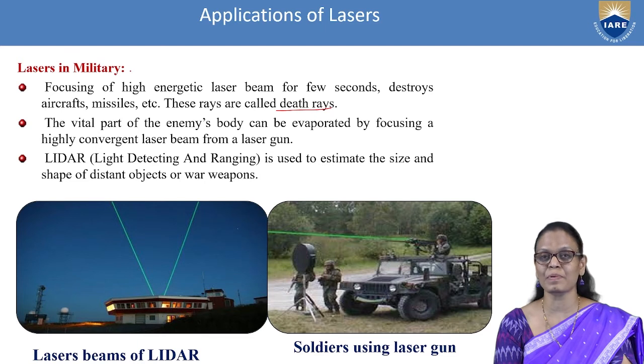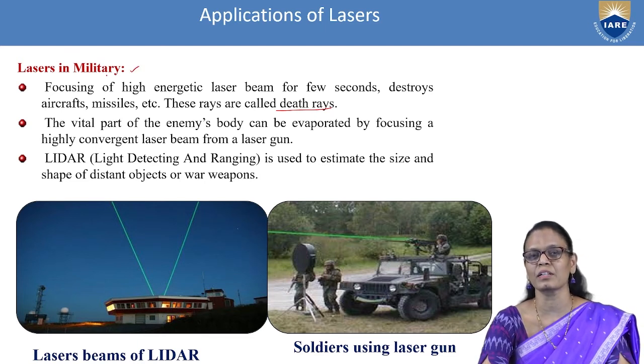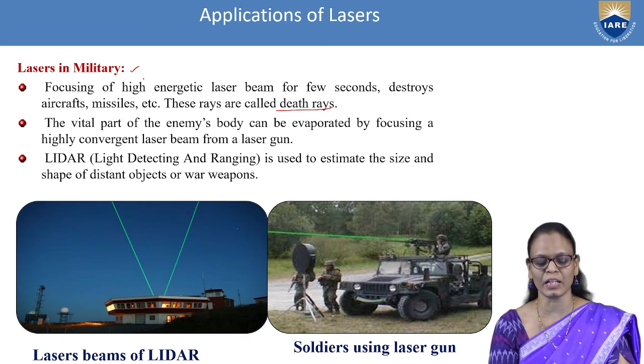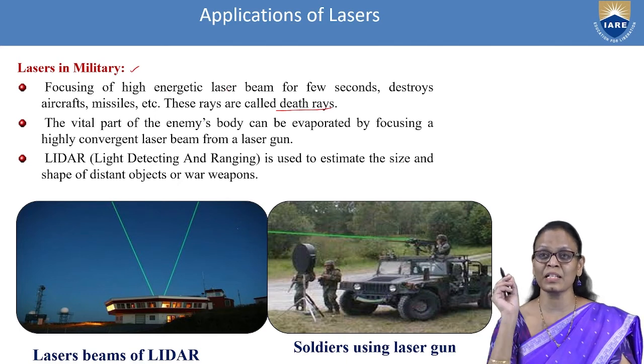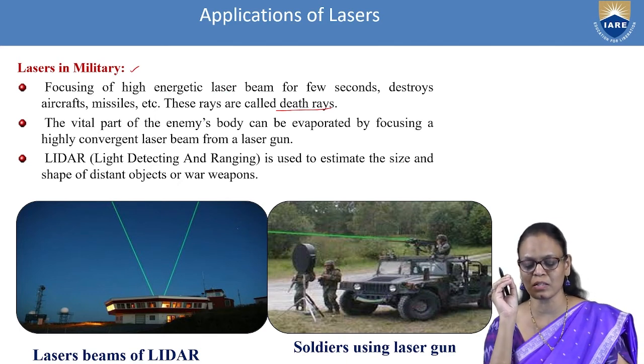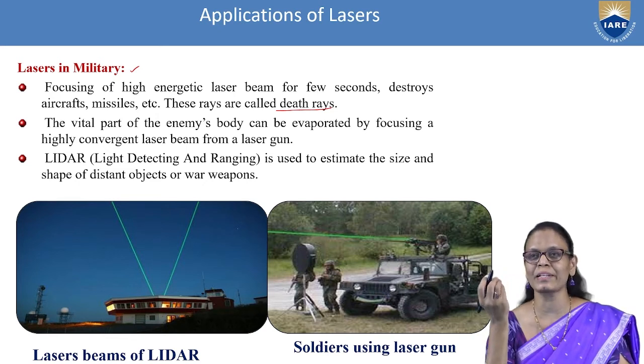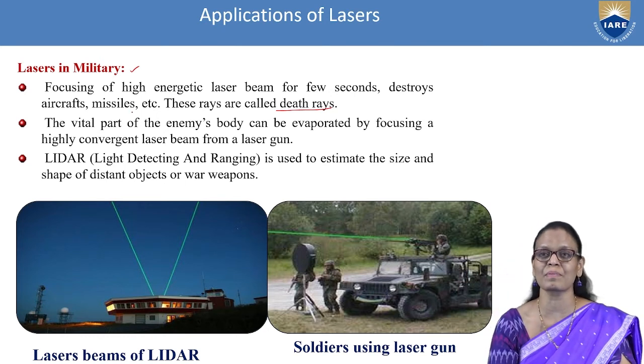In military purposes, wherever a country tries to protect against enemies, whenever they find any aircrafts or missiles coming from the enemy side, to eliminate them they send a high energetic laser beam. Even if this laser beam is incident on that missile for a few seconds, it can completely destroy the missile. So we can stop the aircrafts or missiles from reaching us.